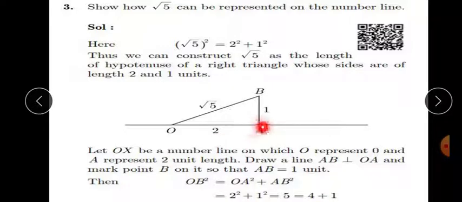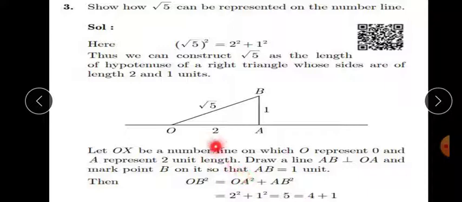OA means 2 centimeter and AB means 1 centimeter. So from the Pythagoras theorem we get OB square equals OA square plus AB square.